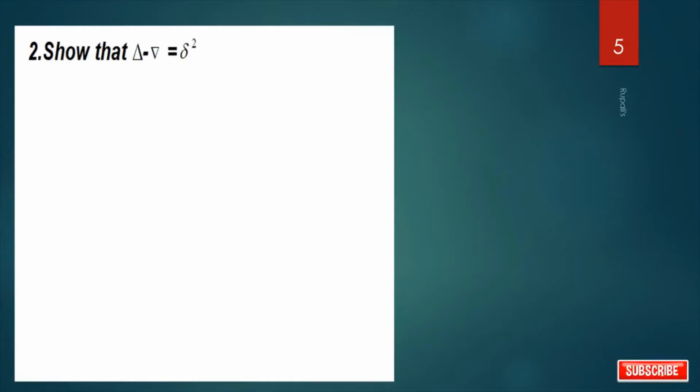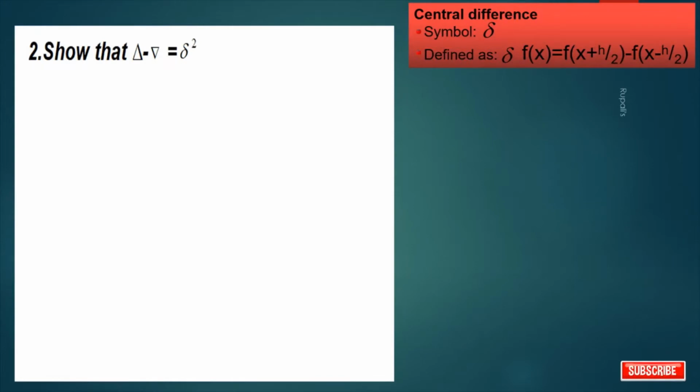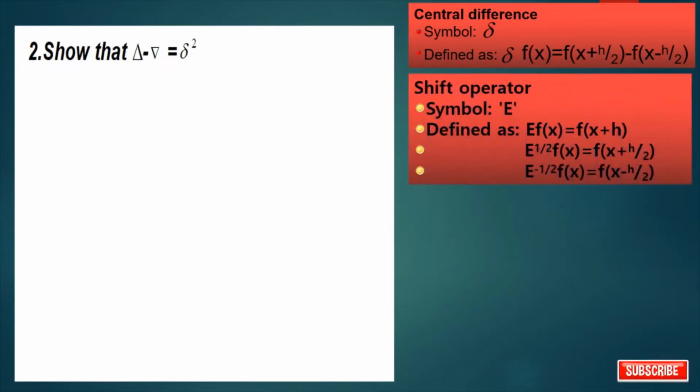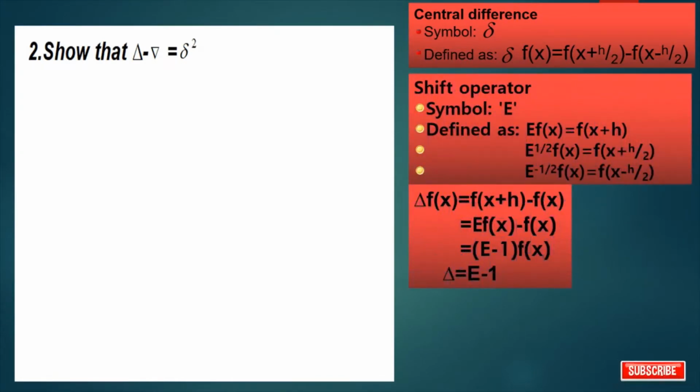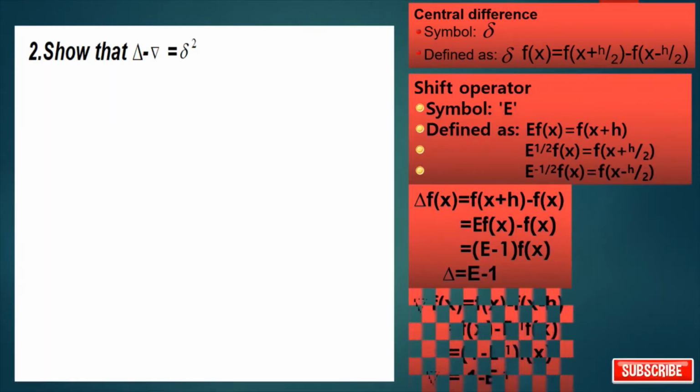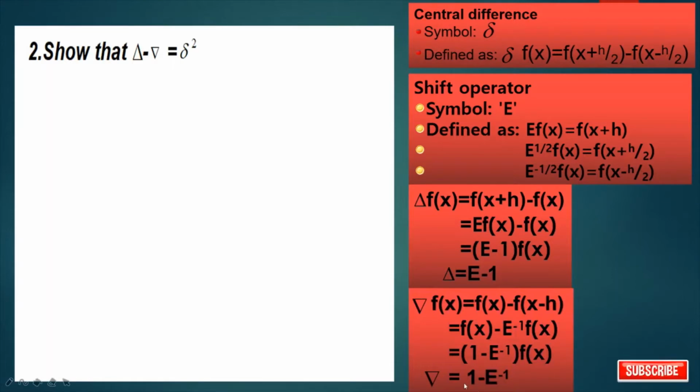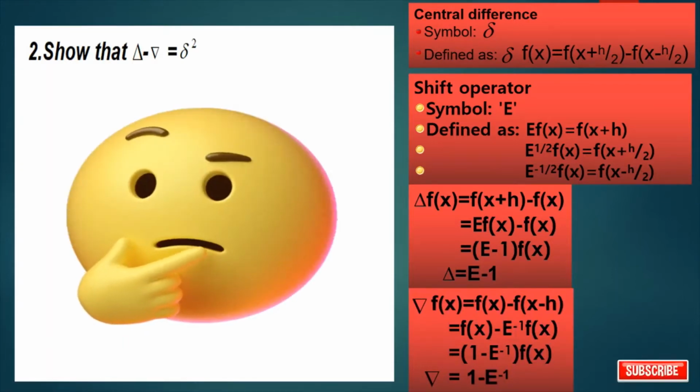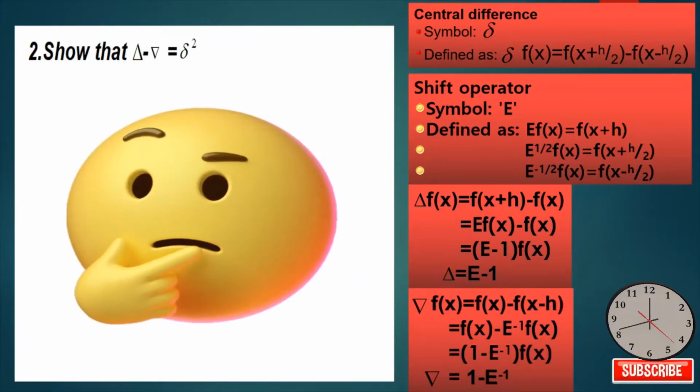I am giving hints. First, this is the central difference operator. This is the shift operator. This is the relation between delta and the shift operator. And this is the relation between nabla and the shift operator. Now think. I am giving 10 seconds to think.